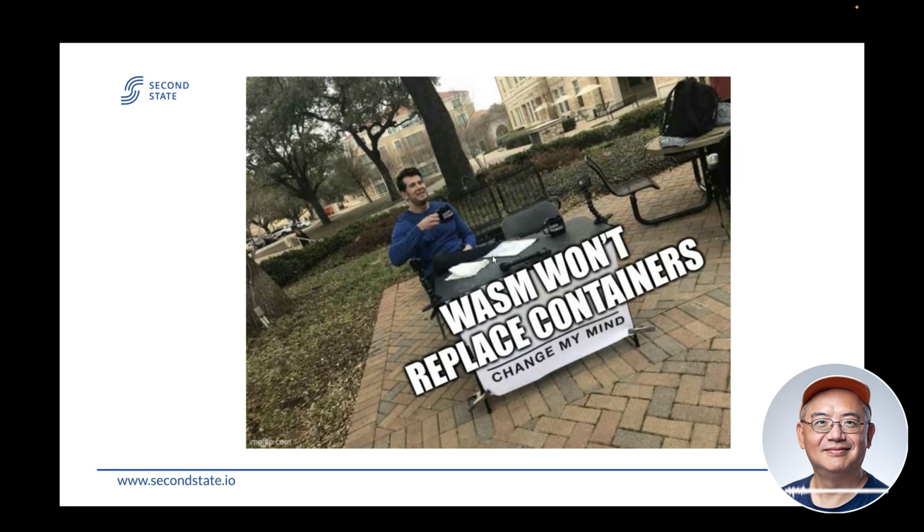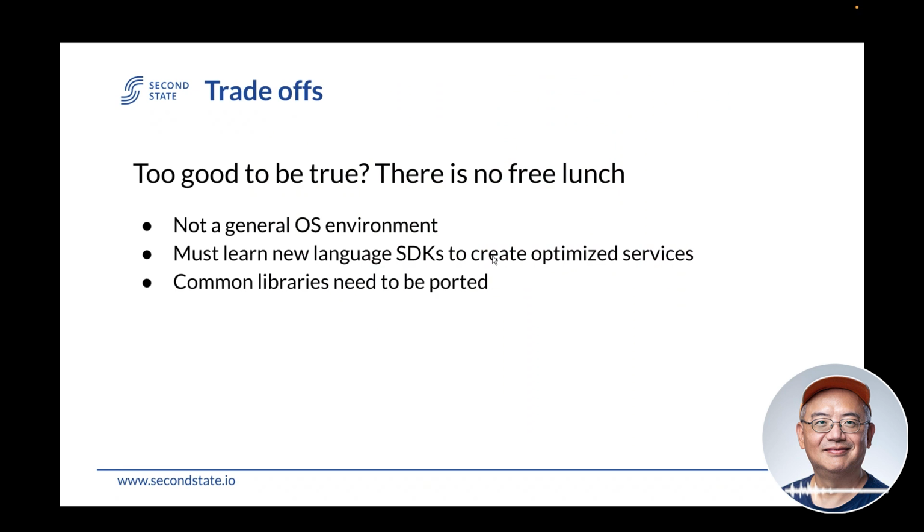We believe in the second statement. Although we are a WASM runtime company, we believe WASM would not replace containers, and the reason is very simple: it doesn't really provide a general operating system environment. It doesn't fulfill Docker's or Linux containers' promise that what runs on my computer is going to run on your computer as well, because I can just ship the Docker container with my application.